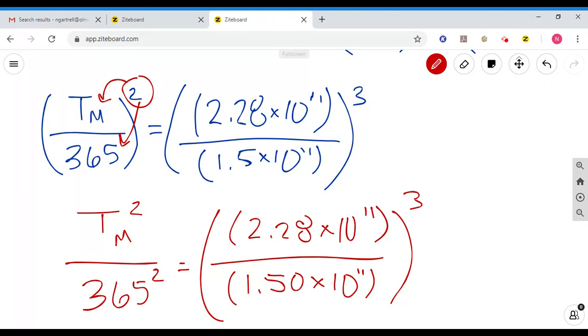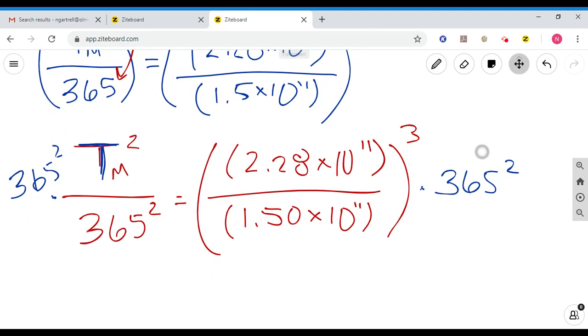But if we focus on the variable that we're solving for, T sub m, how am I going to get it alone? Well, I got to get rid of this down here. And I get rid of it by multiplying it on both sides. Okay, so this is where you're going to need your calculator.